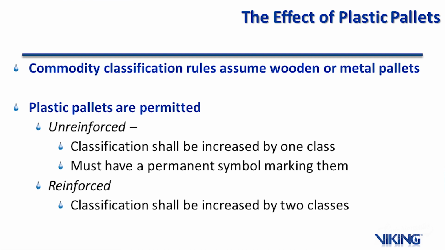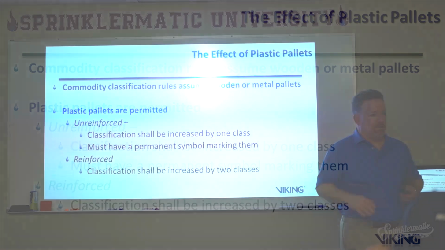If I have unreinforced plastic pallets, the classification goes up 1 class, but it has to have a permanent marking that it is an unreinforced plastic pallet. If it's a reinforced plastic pallet, then you go up 2 classes.